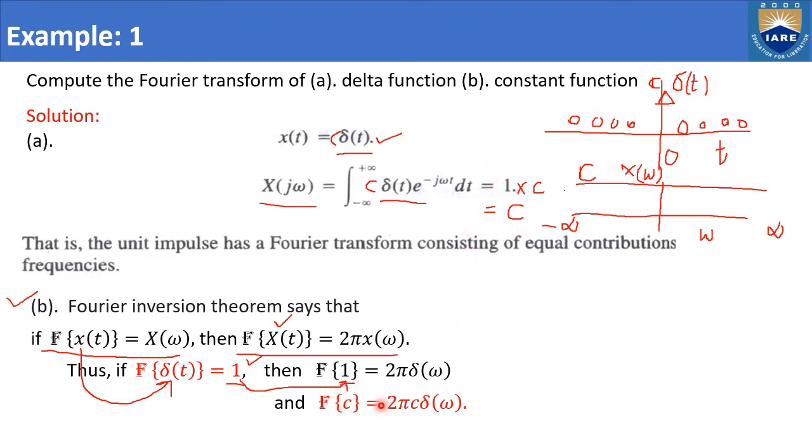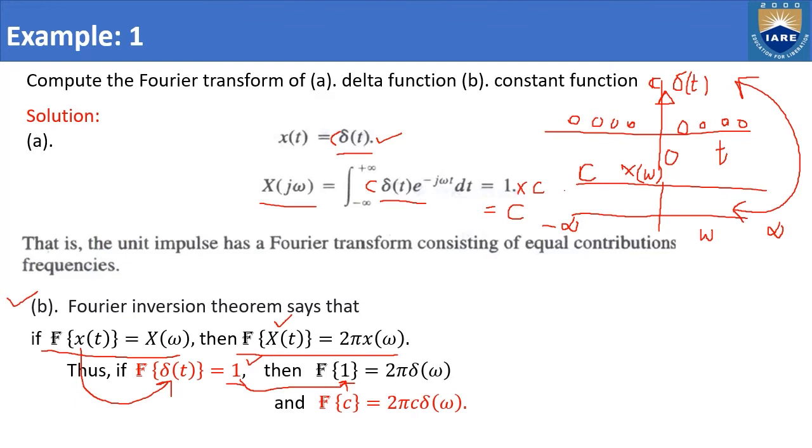So what it means here is, if this is the time signal, this becomes the Fourier transform, and if this is the time signal, this becomes the Fourier transform. We are going to call this the dual property.